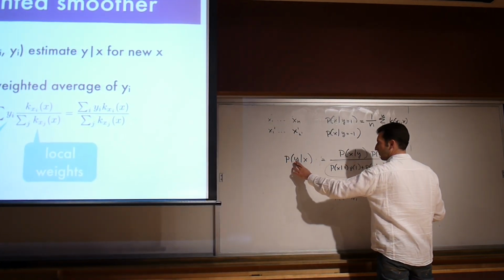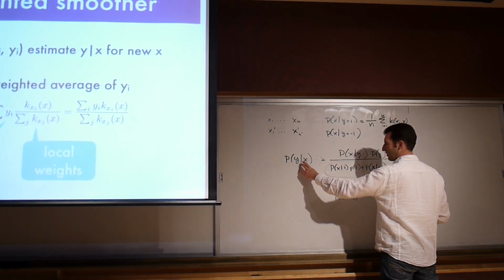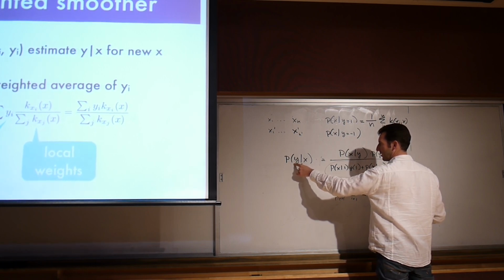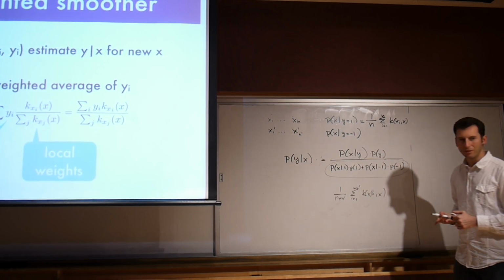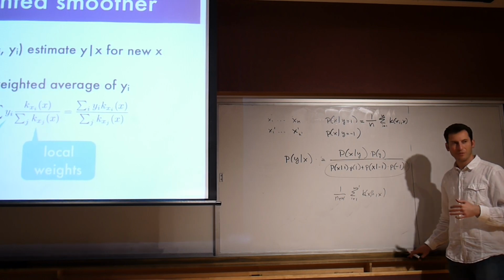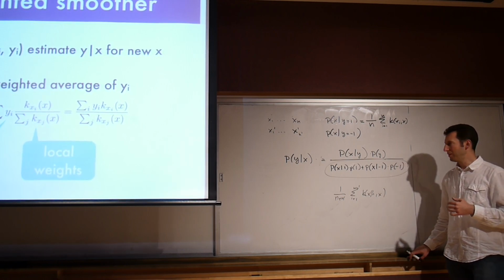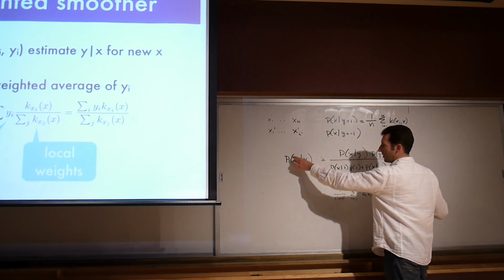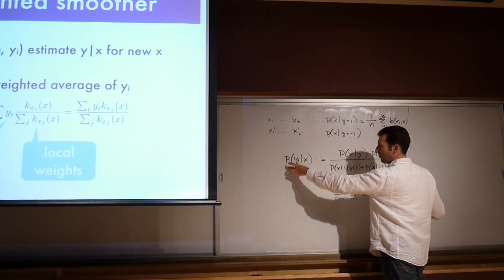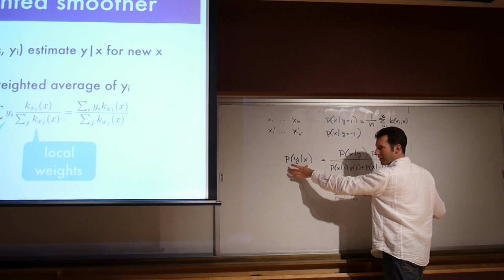Now, suppose we actually want to classify whether this is class 1 or -1, depending on whether it's above 1/2 or below 1/2. Then I could equally well take p of y equals 1 given x minus p of y equals -1 given x and look at its sign.